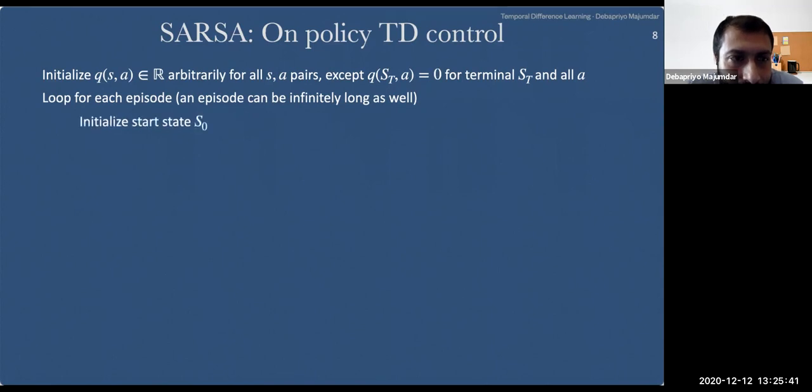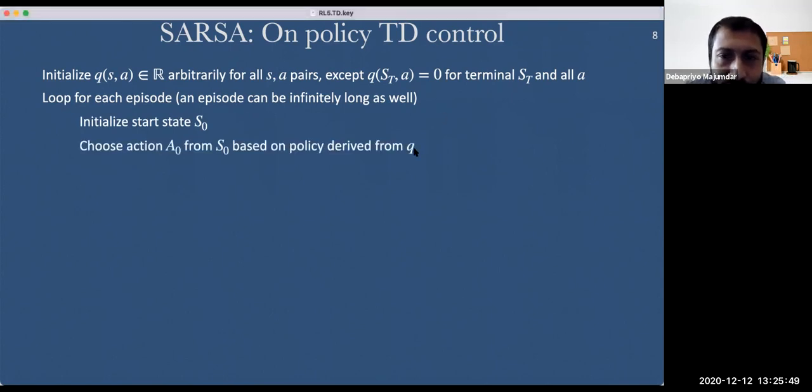So initialize the start state S_0, choose action A_0 based on the policy derived from Q. This means you currently have some state-action values, maybe initialized, or maybe in between steps where you have already learned something. So you choose the action A_0 based on that.